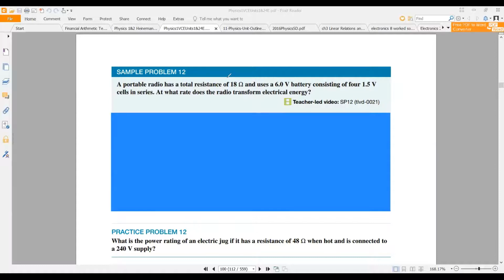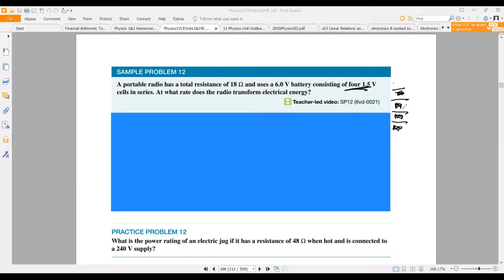The first thing to note here is this is actually not really that important, because essentially what they're saying is they've got all these cells in series. I should point that out when I talk about batteries. One cell is called a cell.